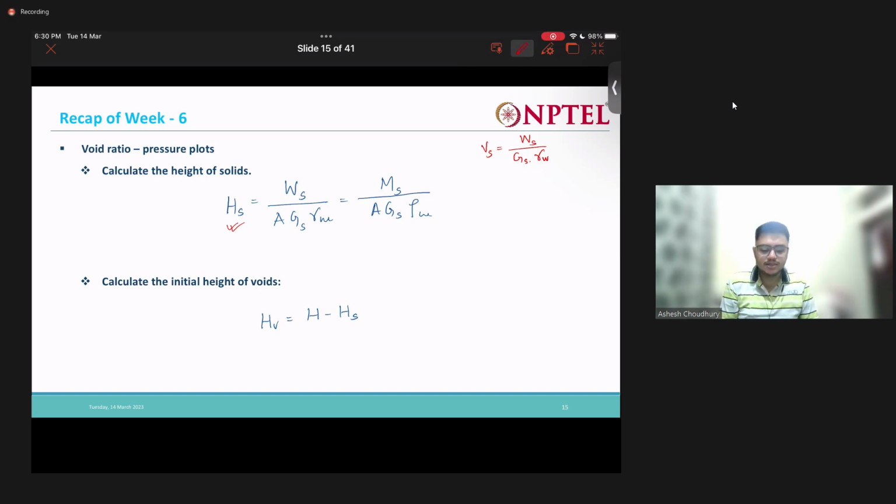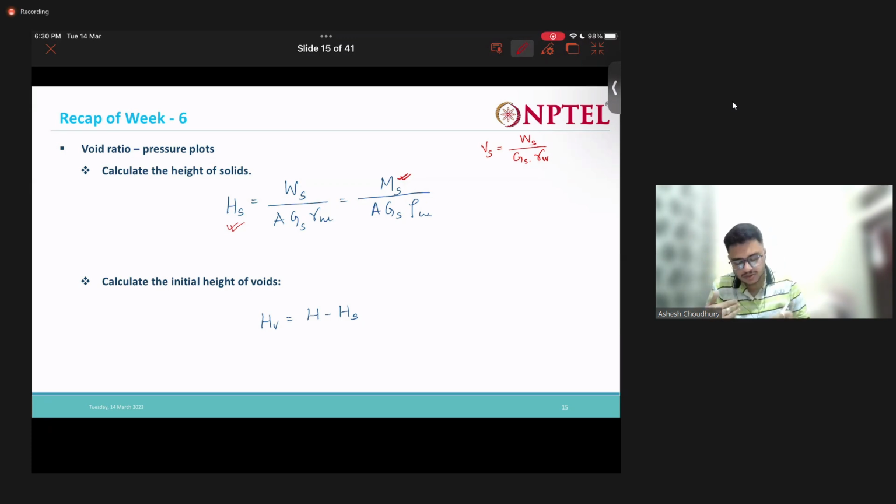Before starting the test, or after the test, whatever, you actually know how much weight of solids you are putting in as a specimen, right? So if you know the mass of the solids, we can find out the height of the solids, right?